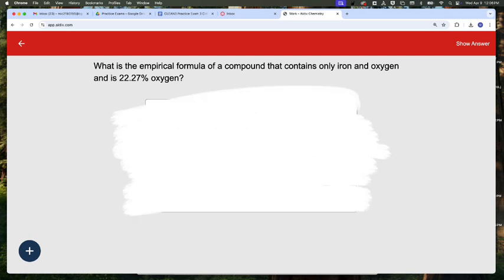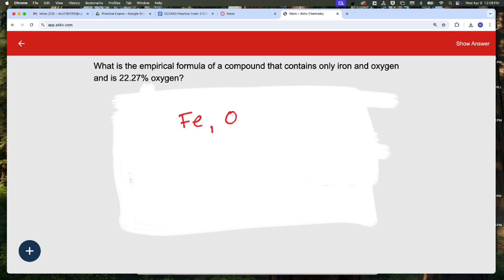So let's say we went through and did a calculation with iron, and we get the answer Fe1 O 1.33. I may not have done the math right, but we'll see what happens.